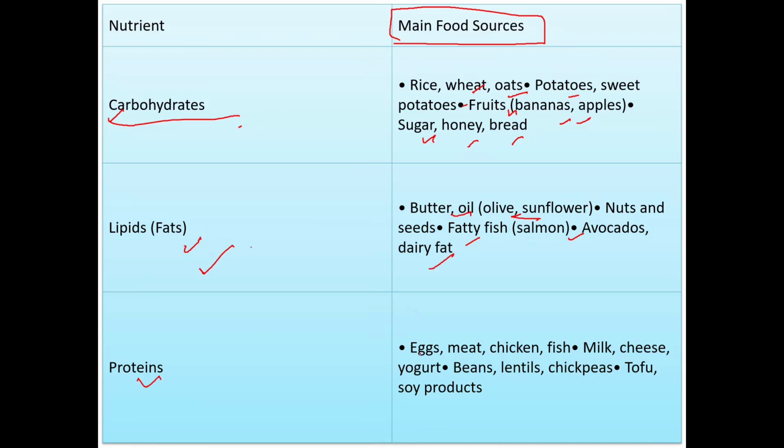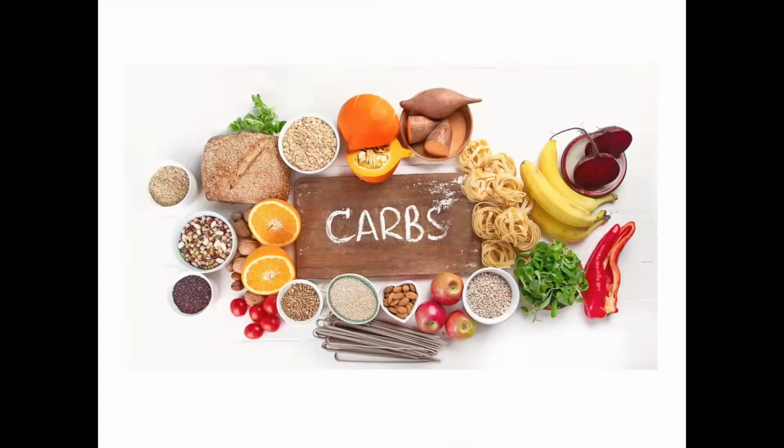We gain protein from egg, meat, chicken, fish, milk, cheese, yogurt, and pulses such as beans, lentils, chickpeas, tofu, soya products.